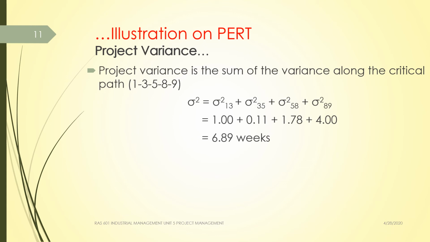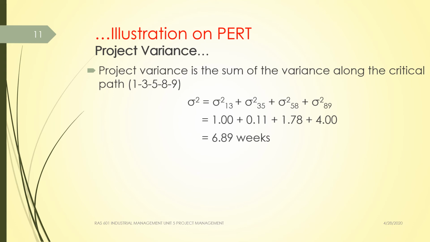For activity 3 to 5, variance is 0.11. The variance between activity 5 to 8 is 1.78, and that between 8 and 9 is 4. After calculating the variance of the different activities along the critical path, we can calculate the total project variance by adding all these variances.